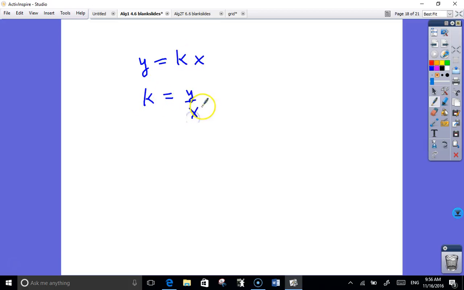Now, we know k is a constant. Y and x change all the time. But what we know is their ratio is always the same. So we could set up proportions like, 4 is to 2, as 8 is to 4, as 10 is to 5. They're proportional. So you're right about that.